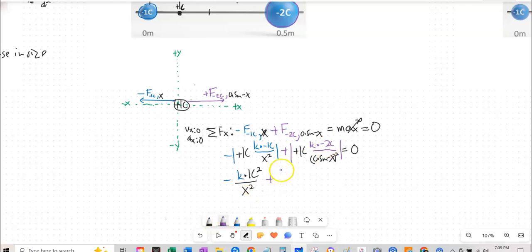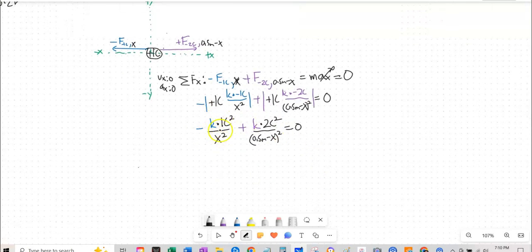That's going to be K times 2 coulombs squared all over 0.5 meters minus x that we're squaring, which is equal to 0.